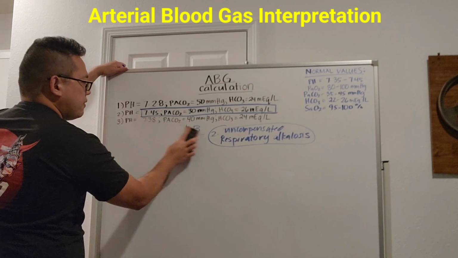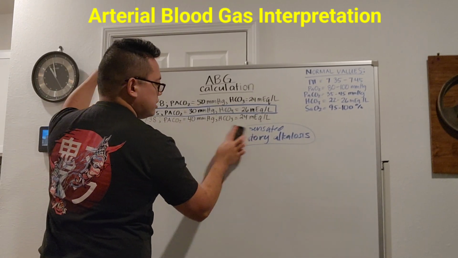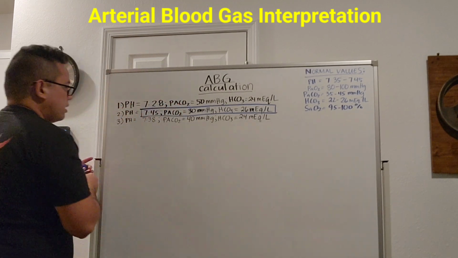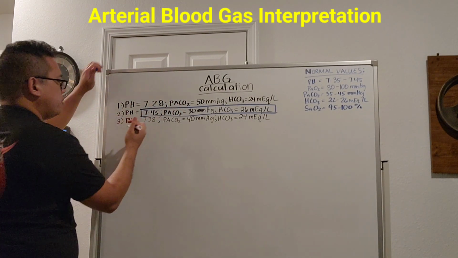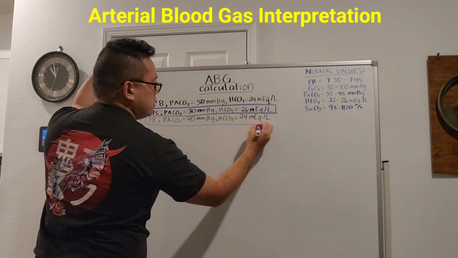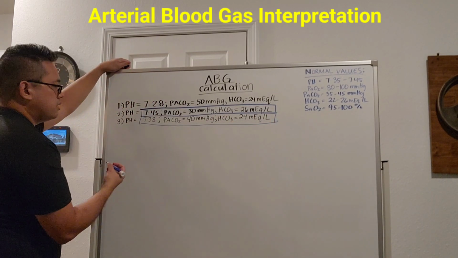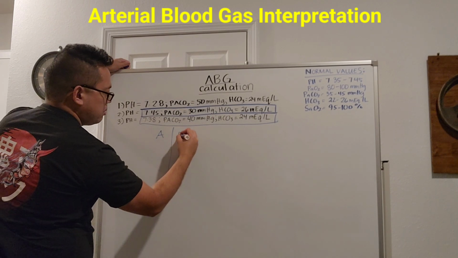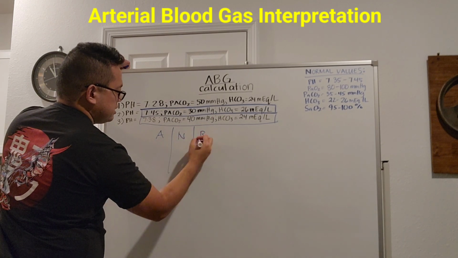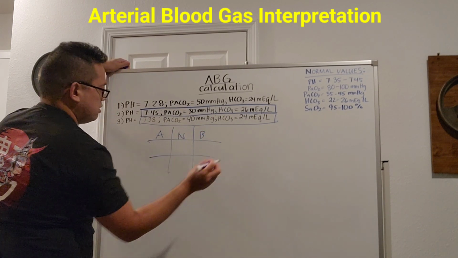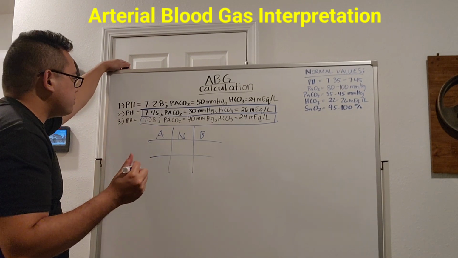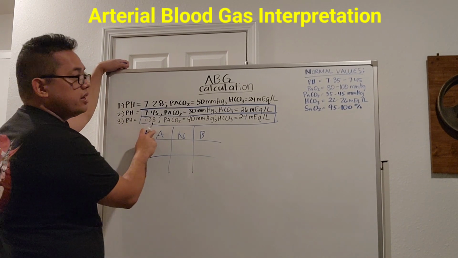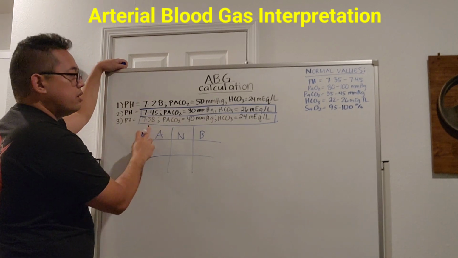problem of given values, I'm just going to erase this one first. Okay, I'm going to box this one also, to avoid mixing things up. So acidosis, normal, and then basic. The pH value for the third question is 7.38. So this one is normal.